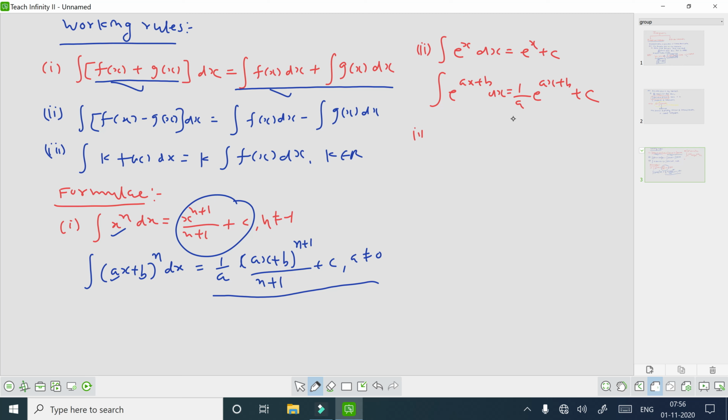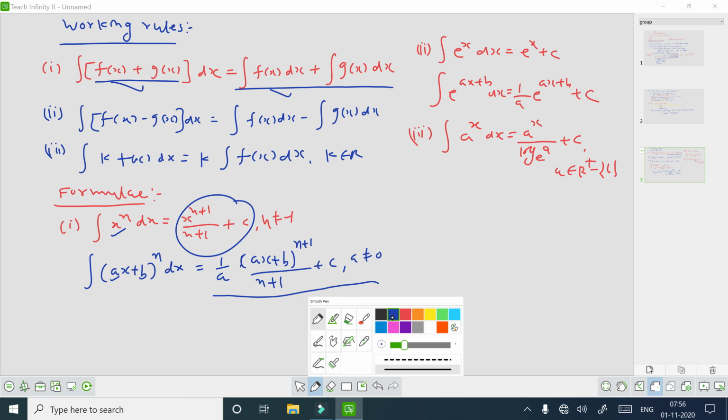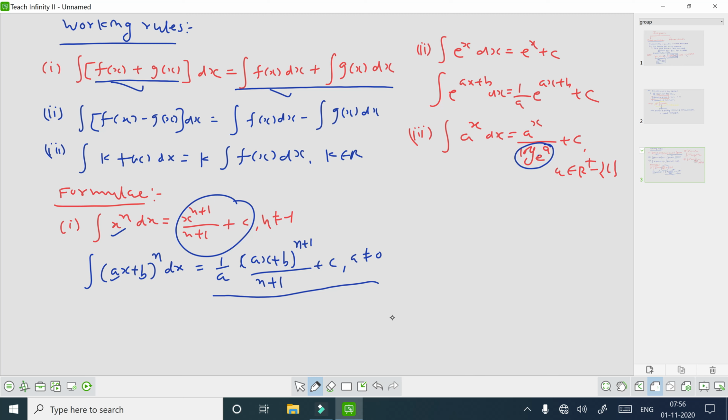Now the third one is integral of a raised to x dx, which is equal to a raised to x over log a base e plus c, where a is a positive real number other than 1, that we know. And keep one thing in mind, whenever the base of a logarithmic function is not mentioned, we have to understand that it is e.